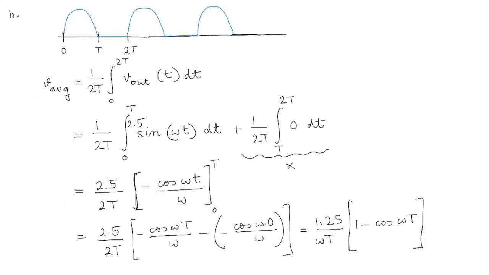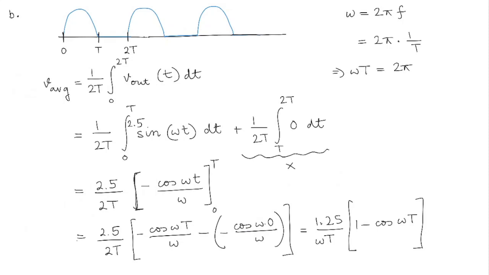Now let's ask the question, what is this omega t? Omega is 2 pi f, and f is 1 over the time period. We can write this as omega t equal to 2 pi.